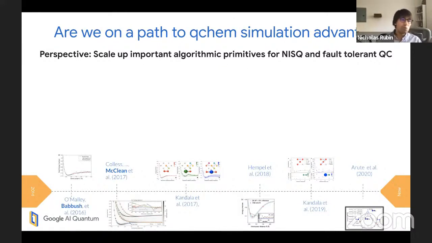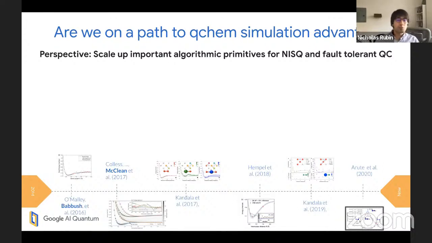But I do want to point out some interesting things about this. One, chemistry experiments have turned into a litmus test of hardware, so a full system performance. If you get one of these binding curves correctly, your system is performing particularly well. But I do want to point out that all these experiments are on fewer than 6 qubits, and they barely reach the accuracies that are required for deciphering chemistry with a computation.